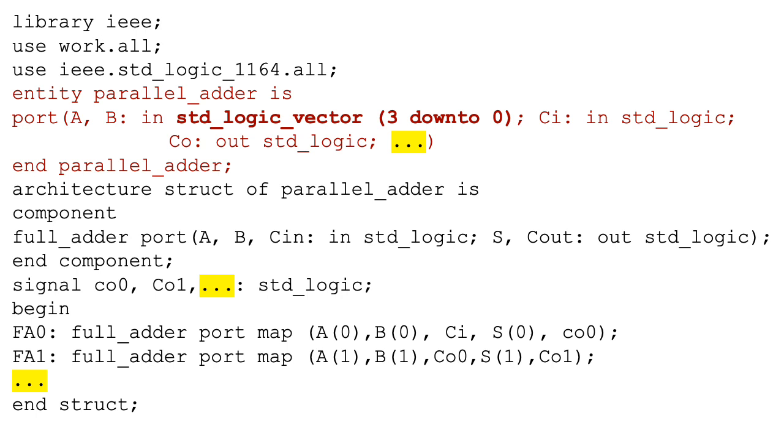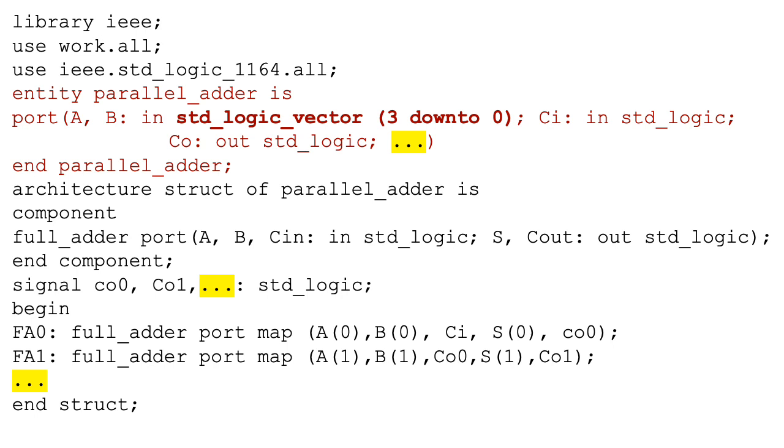We'll simply say S, but S consists of 4 bits total, so we'll say S colon out standard logic vector 3 down to 0. Remember that the sum bits are always equal in length to the numbers that you want to add. So if A is 4 bits, B must also be 4 bits, and the sum bits must be 4 as well.